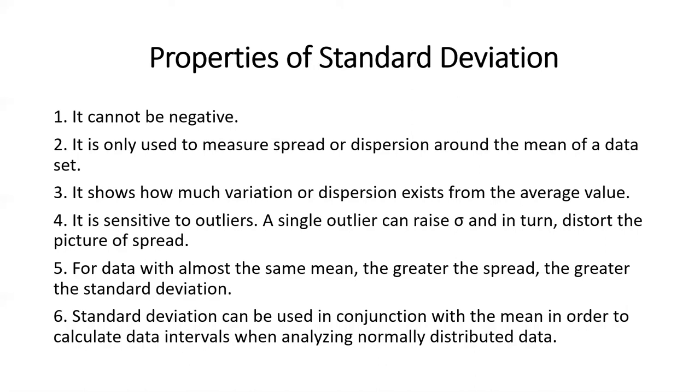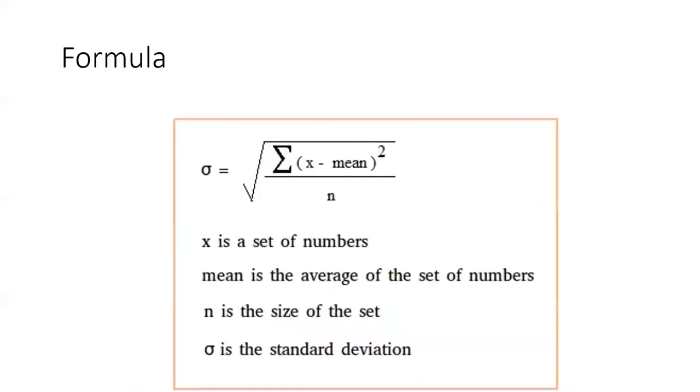Then the sixth point: standard deviation can be used in conjunction with the mean in order to calculate the data intervals when analyzing normally distributed data. In the case of interval-based data, we use standard deviation to measure the dispersion.